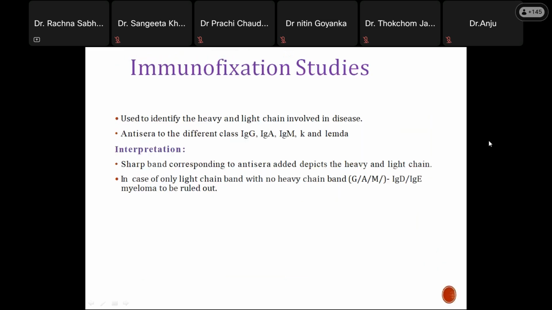Basically, this technique combines both electrophoresis as well as antigen-antibody reaction. A sharp band corresponding to the antisera added depicts the heavy chain and light chain. In case of only a light chain band with no heavy chain band, myeloma is to be ruled out.